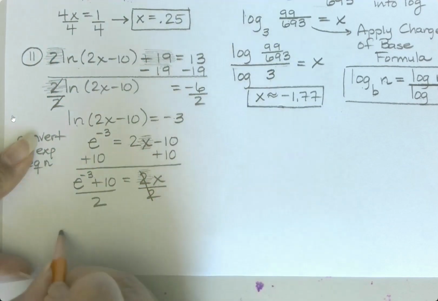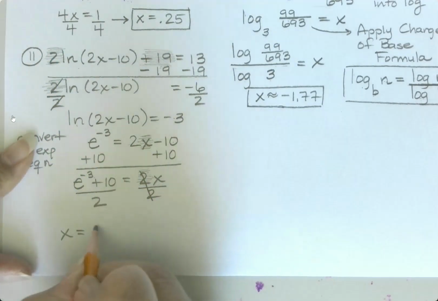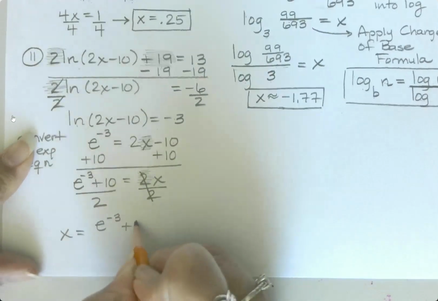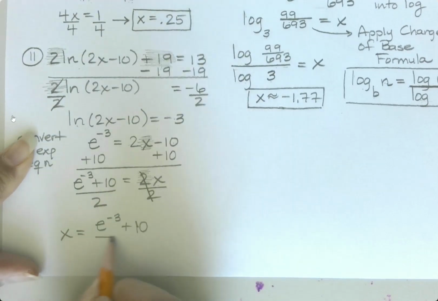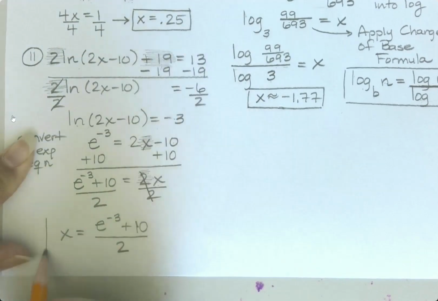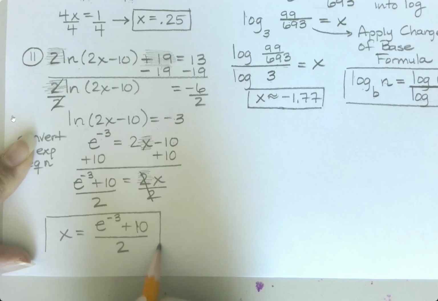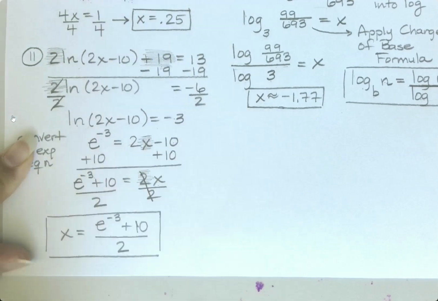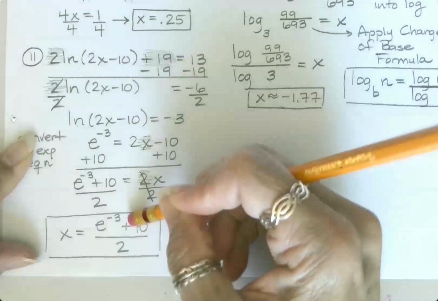And now our x is isolated. And our final answer is e to the negative 3 plus 10 over 2. And that's what you would type as your final answer.